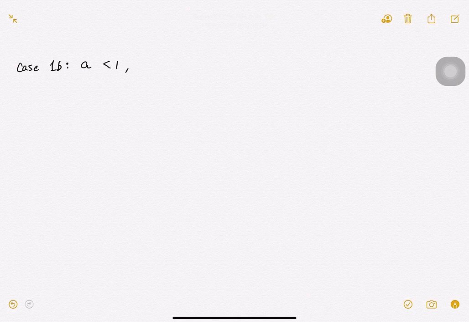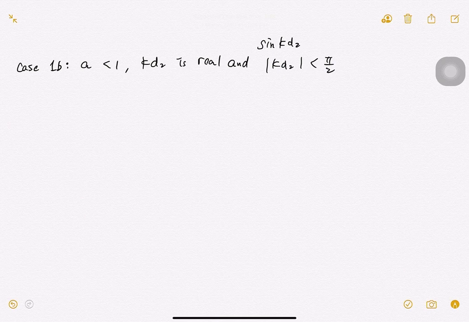Okay, and then for case 1b, a is less than 1 and k d2 is real, and we know that k d2 is less than pi over 2 because sine k d2 is less than 1, right? It's the physical mode.